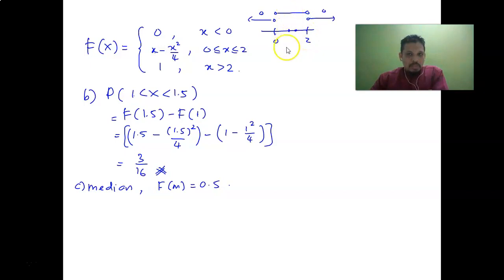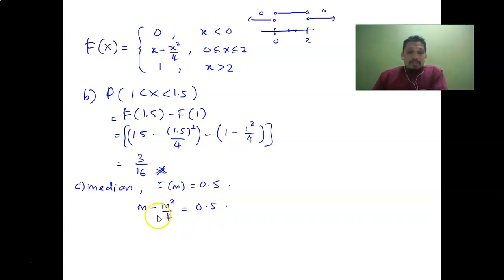So the middle should be somewhere around here. Then F(m) equal to 0.5. Take this function of x minus x squared over 4, substitute with m: m minus m squared divided by 4 equal to 0.5.